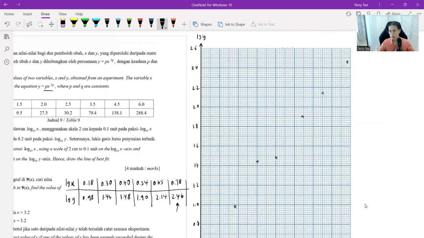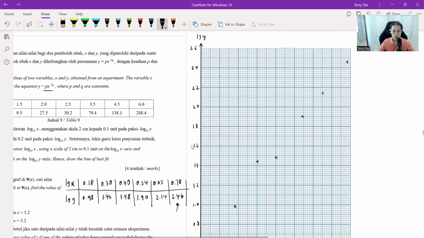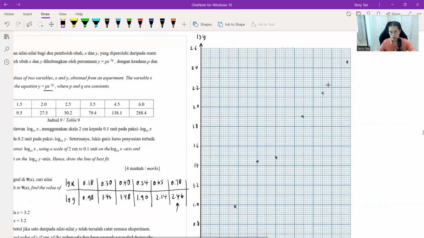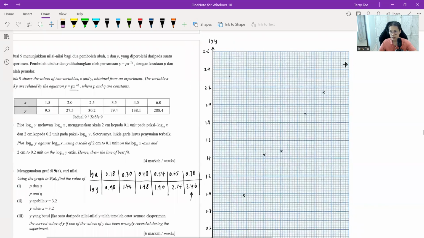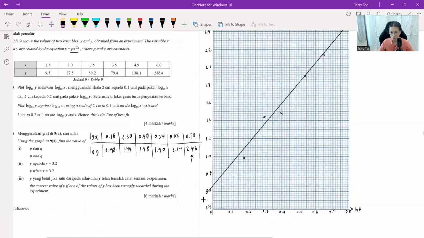Okay, I can see almost all the points are on the same line except for one point. But sometimes you got to read the whole question. They say one of the values of y has been wrongly recorded. So we know one point is off, and it's quite obvious it is the point where LGX is 0.3. So just draw a line that passes through everyone else.